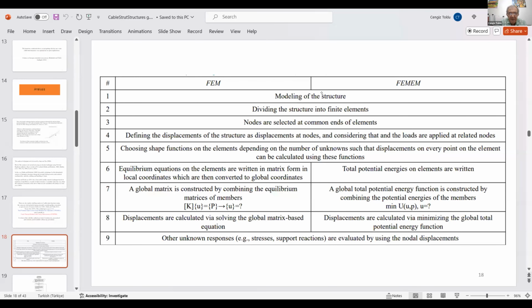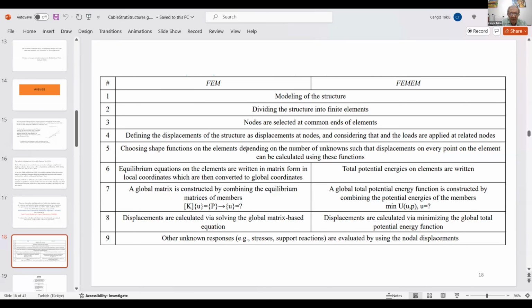The first step is to model the structure. The second step, we divide the structure into finite elements, which have finite dimensions. Then these elements are connected to each other, of course. At the connections, we define nodes so that deflections and forces are measured and applied over these nodes.